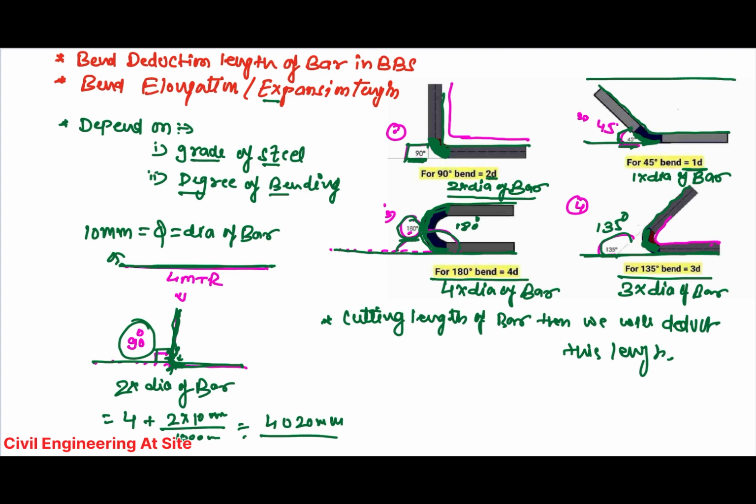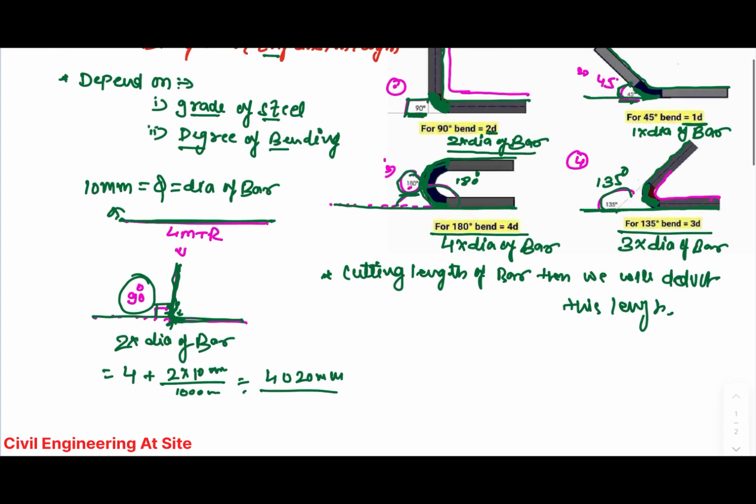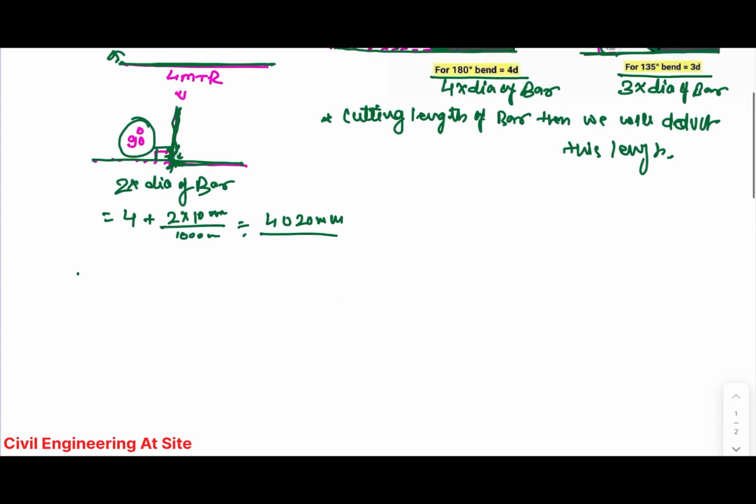Suppose I make one example. I need to make this shape. This will be 2 meter, and this will be 2 meter. The dia is 10 mm.